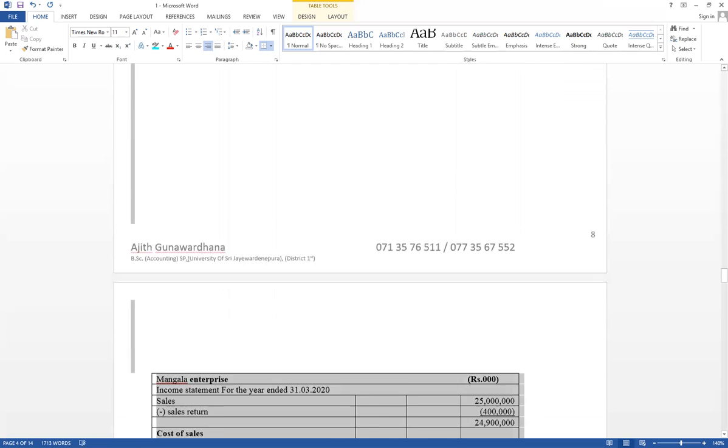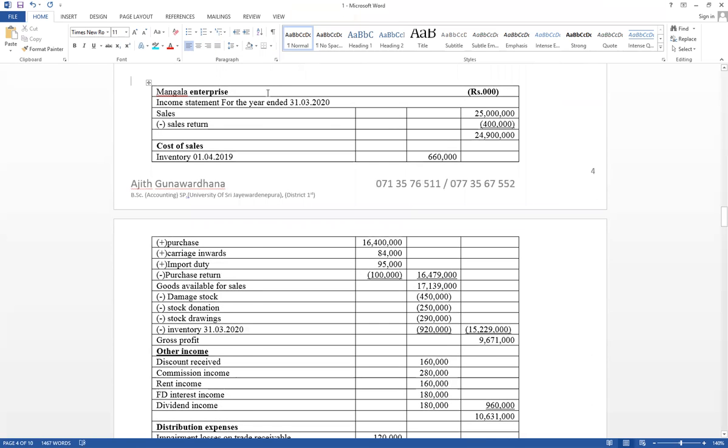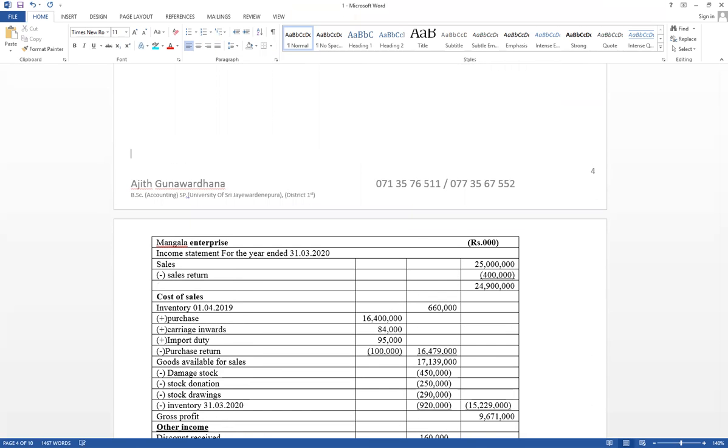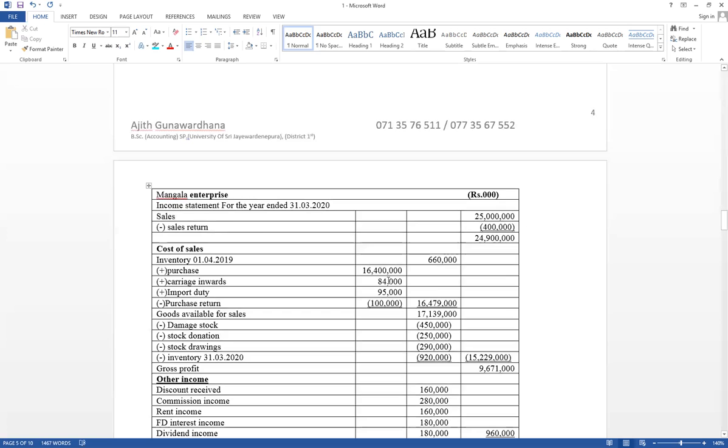Net profit can be calculated. Therefore, this is the income statement. Sales minus sales return, take the answer. This value can be included in the second column also. Then purchase plus carriage inwards, import duty. Here the total value should be included. Then opening stock plus purchase value, take the total amount here.